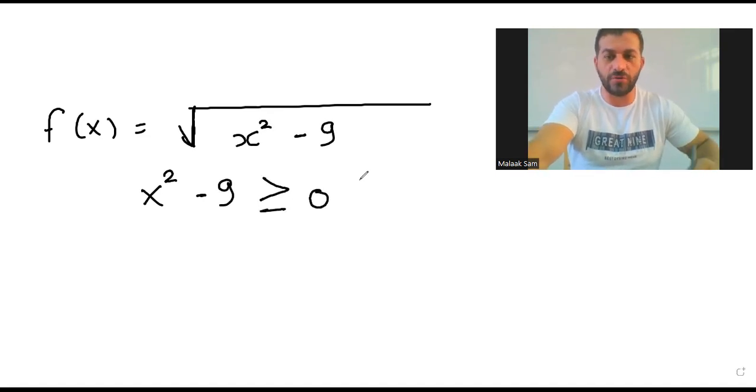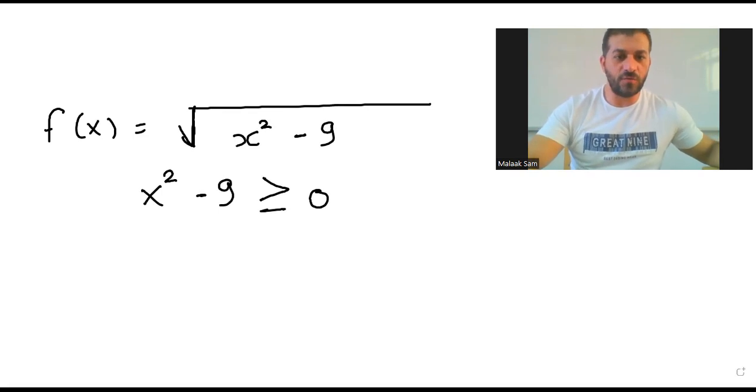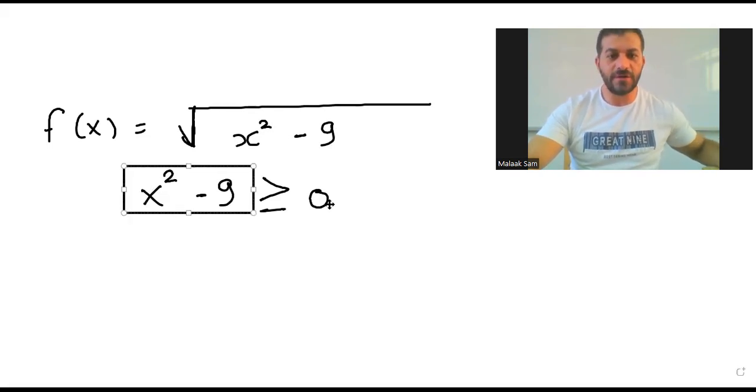Positive and 0 only. We can find all positive values and we can find the square root of 0. But how can we find all positive values and the 0 values for this relation?